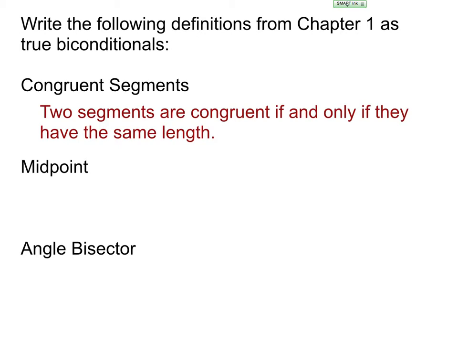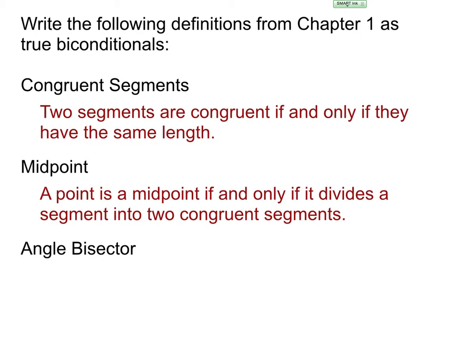Divides it directly in half, tell me more, you haven't said the exact words I mean. Are congruent. Okay. A point is a midpoint if and only if it divides a segment into 2 congruent segments. Why was I so picky? When we get to use this definition, we want to be able to state 2 segments that are congruent. So we've got to have those words in our definition.